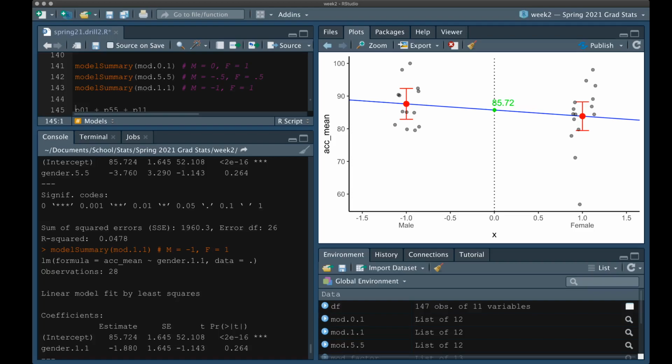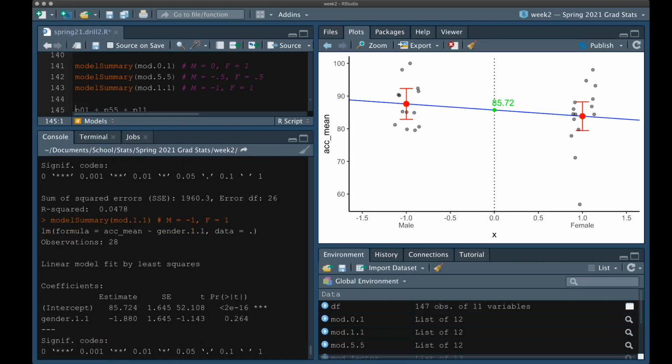And why is that? That's because we no longer have a 1 unit increase between this group and this group. Rather, it's a 2 unit increase. So 1 unit from the center of the males to the mean of group means, and there's 1 unit between the center of females and the mean of group means.